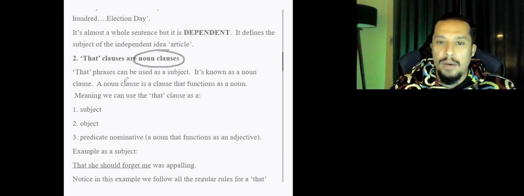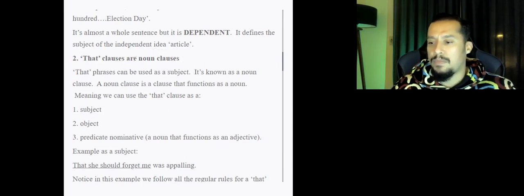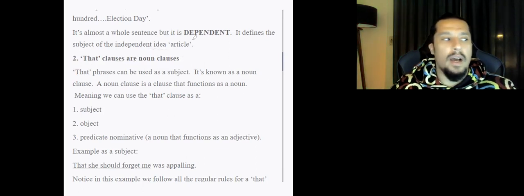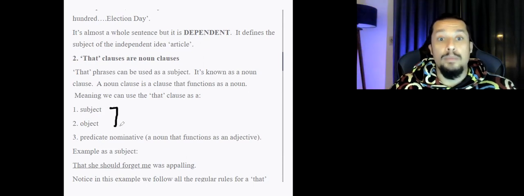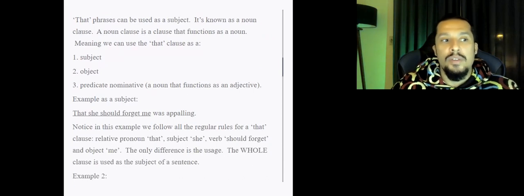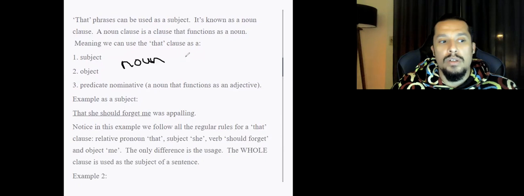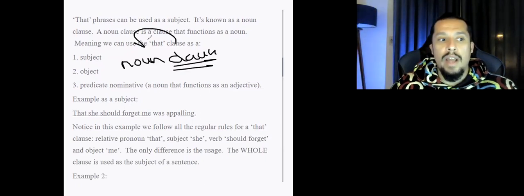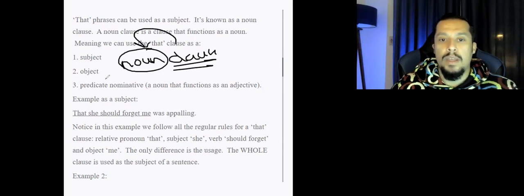Does anyone know what a noun clause means? A noun clause is a clause as a whole that can be a subject or object. What does this mean? Look at these examples. Or a predicate nominative, meaning it describes. So the that clause is a noun clause. That means the whole clause, the whole phrase together, counts as a noun.